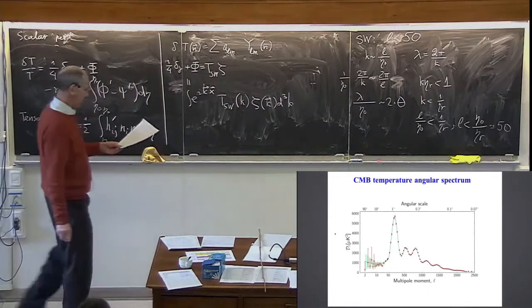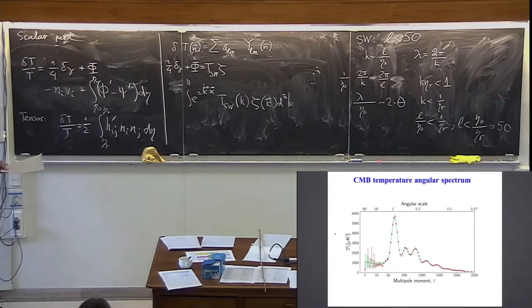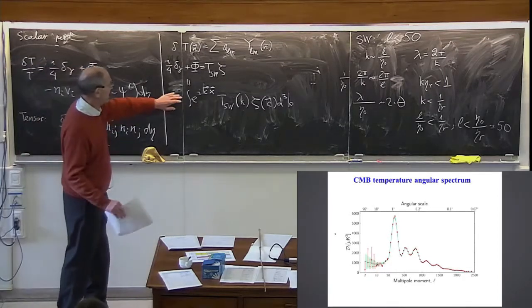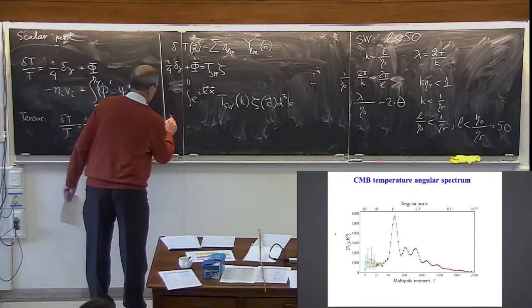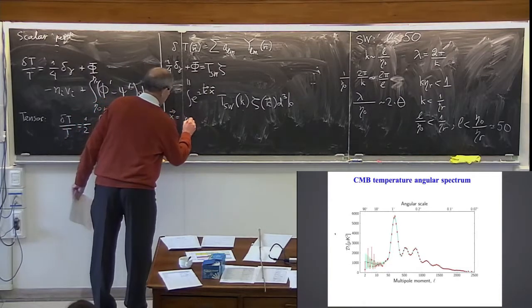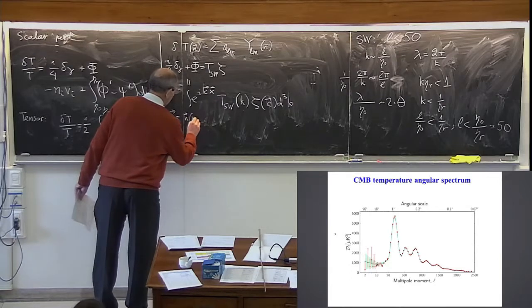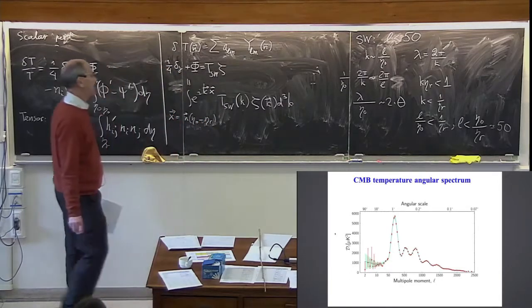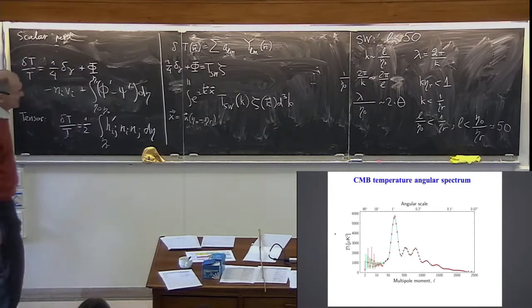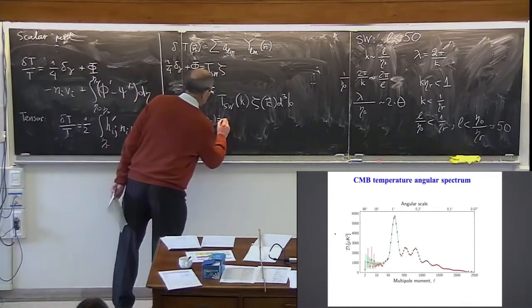Now there are a few tricks you can use. What you have to do is to take this thing at x equal to n times (eta naught minus eta recombination), which is essentially n times eta naught.